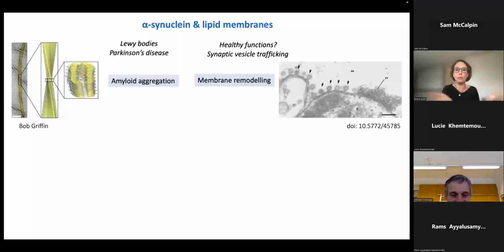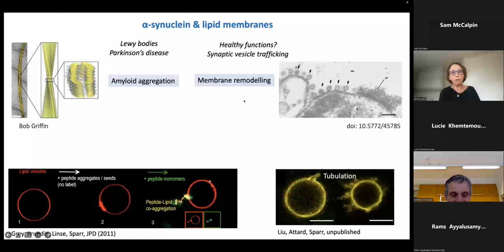These are two different scenarios that also associate with two different self-assembly or co-assembly processes. And in both cases, the interaction with lipid membranes is interesting.